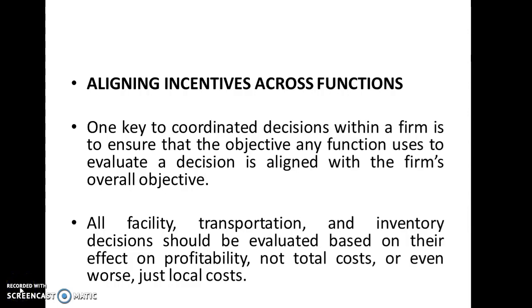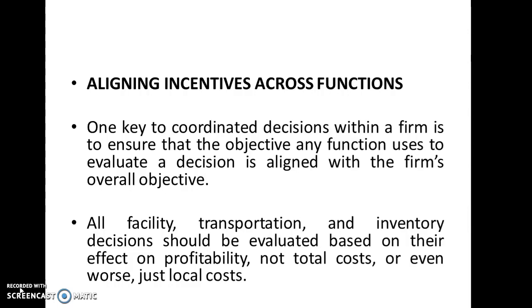To evaluate a particular functionality, we have to take a decision on which the functionality is measured. When you take such a decision, it should be aligned with the firm's overall objective.